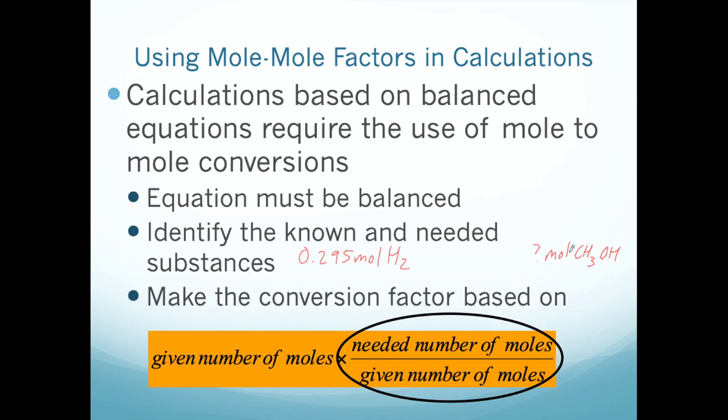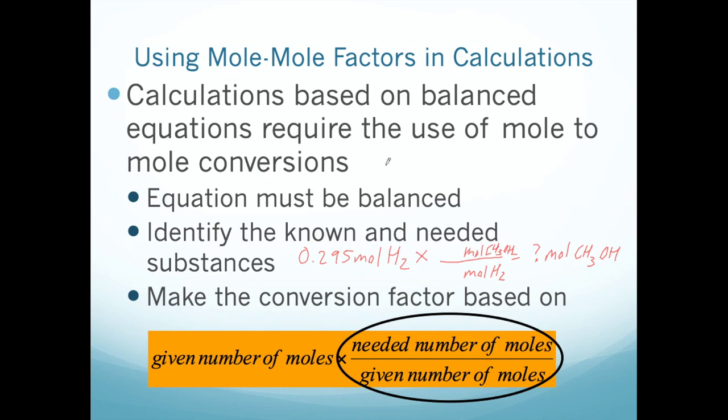That's the question mark here. So when we want to pick our conversion factor, we would select one that had moles of hydrogen on the bottom and moles of methanol on top, because that's the chemical we want. The numbers that would go here would be those coefficients of those chemicals in that balanced equation.